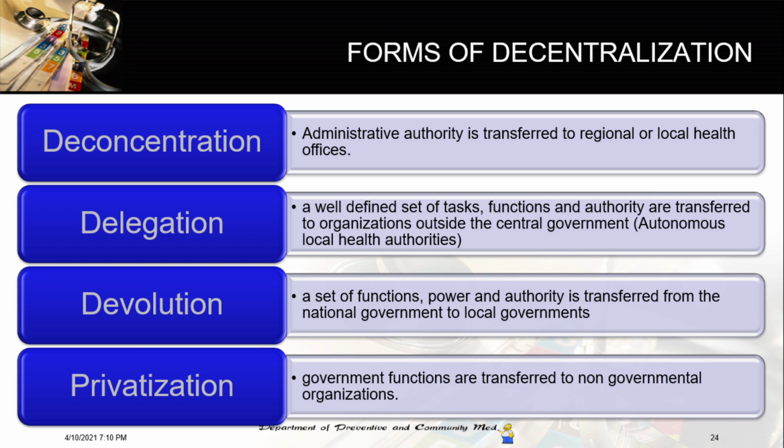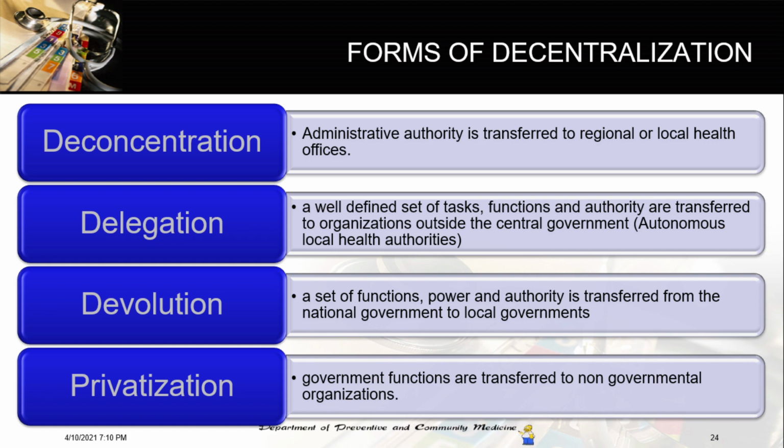Number 1, deconcentration assigns specific functions and tasks performed by the staff of the headquarters of central administrations to staff posted in peripheral locations within the national territory. Staff, equipment, vehicles, and budgetary resources are transferred to units such as regional and district offices.